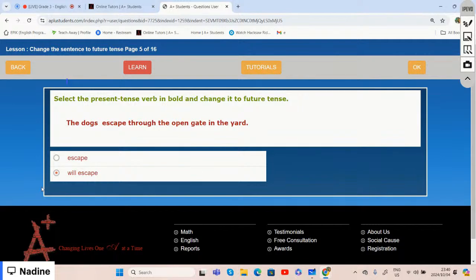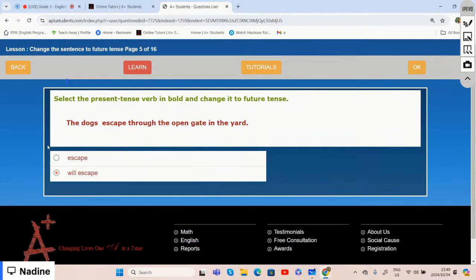So, we need to once again select the word will in front of that word. All right.